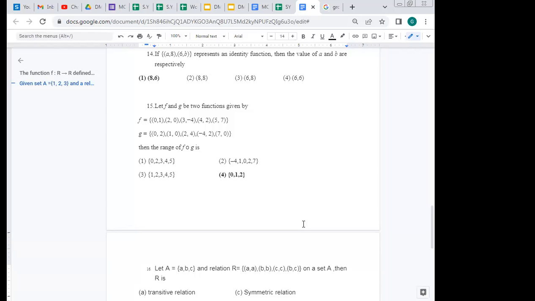After drawing the diagrams, you come to know it comes as {0, 1, 2}, the fourth option.